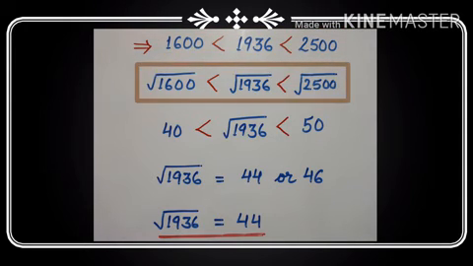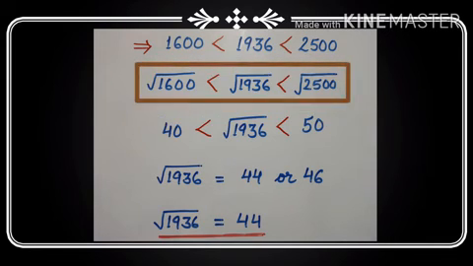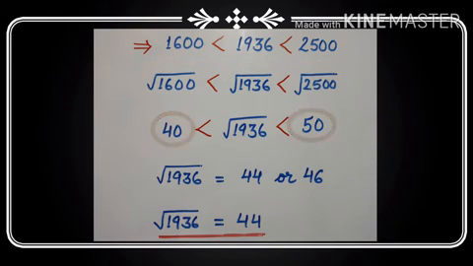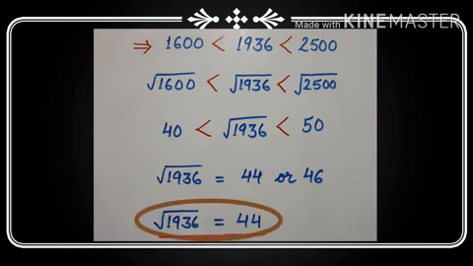So its square root will lie between the square root of 1600, that is 40, and the square root of 2500, that is 50. In between 40 and 50, 44 and 46 have 4 and 6 at the units place. So the square root of 1936 can be either 44 or 46. And the square root of 1936 is 44.